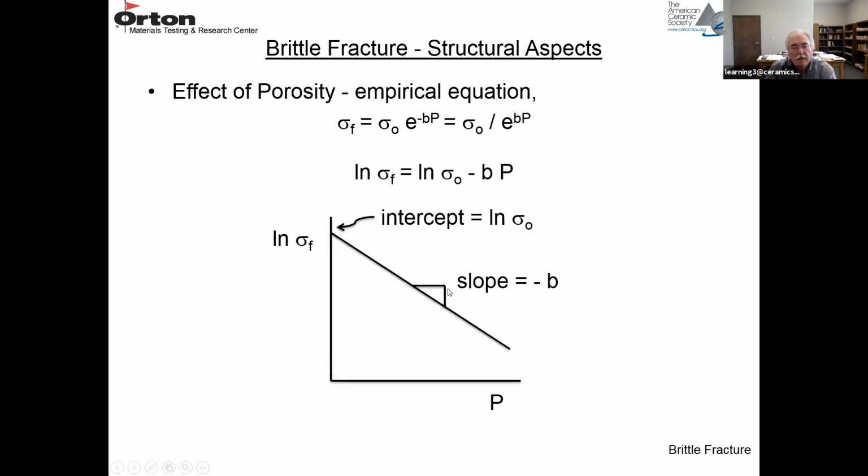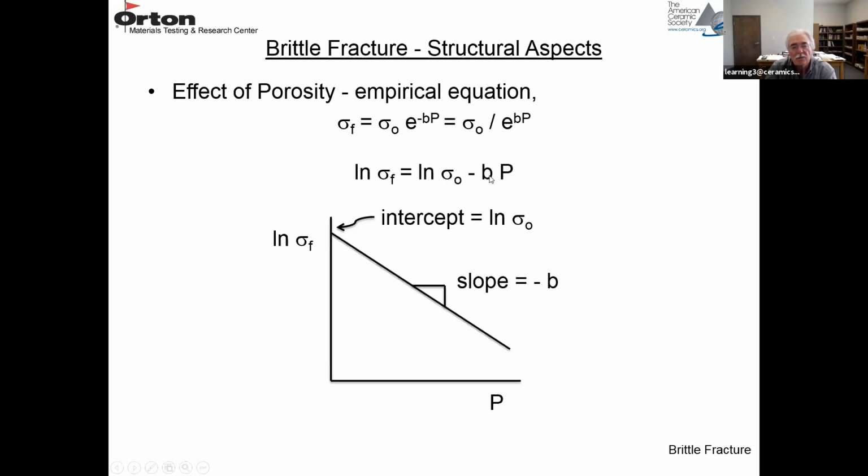You can take a material and run an experiment where you vary the porosity and measure the strength. And if you do that, you can plot the log of the strength versus porosity. So you take your equation, which I just described, you take the natural log of each side of it. So you get the natural log of strength equals the natural log of this constant sigma 0 minus b times the porosity.